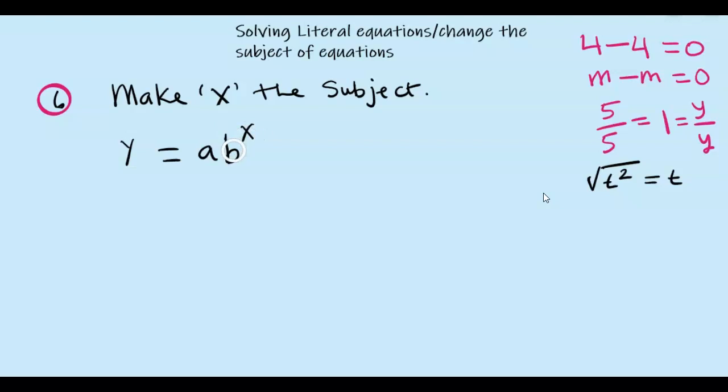x is being attached by b and a. So first of all, it's being multiplied by a, and it has a base of b, so we can get rid of this a. Let's divide. We divide here by a, and repeat the same thing here.